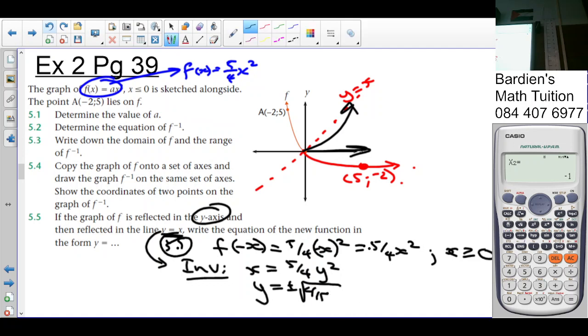It's the same as the inverse function. However, if we draw this graph in here, the point (-2, 5) now becomes (5, -2). Can you see that? With this condition, x still has to be greater than or equal to 0. That's the condition that needs to be met.